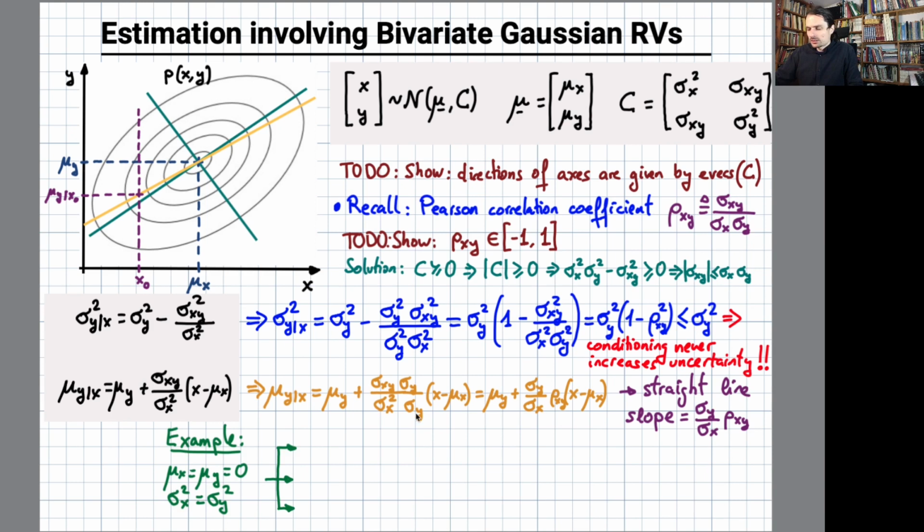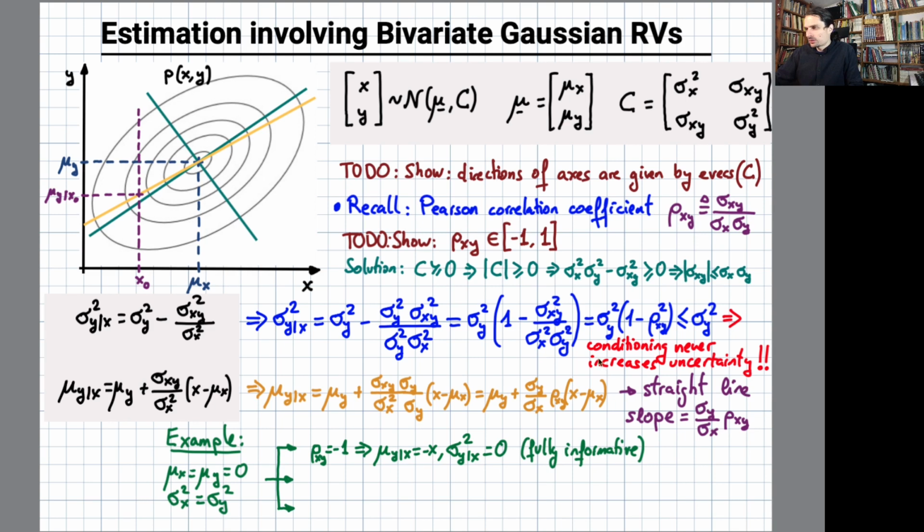So let us interpret it a little bit further. Suppose that the means are 0 and the variances are the same, just for simplicity. In the extreme case where the Pearson correlation coefficient is -1, this is actually a degenerate case, then we can see from this expression that mu y given x is mu y plus 1 times -1 times x minus 0, right? So mu of y given x must be equal to -x.